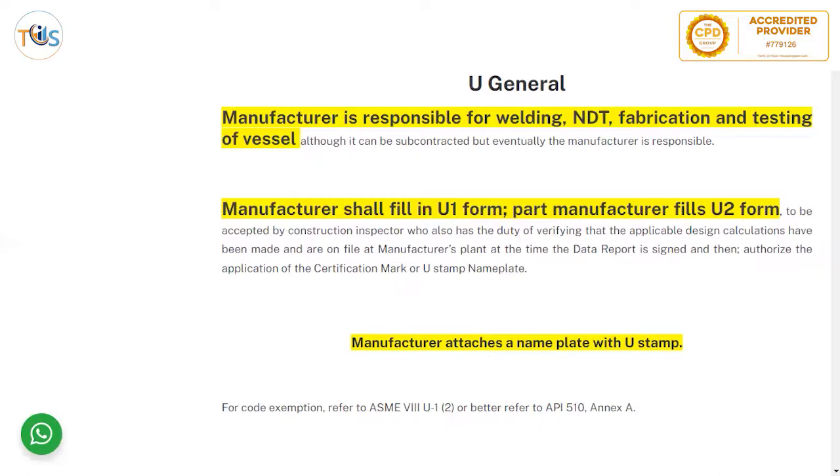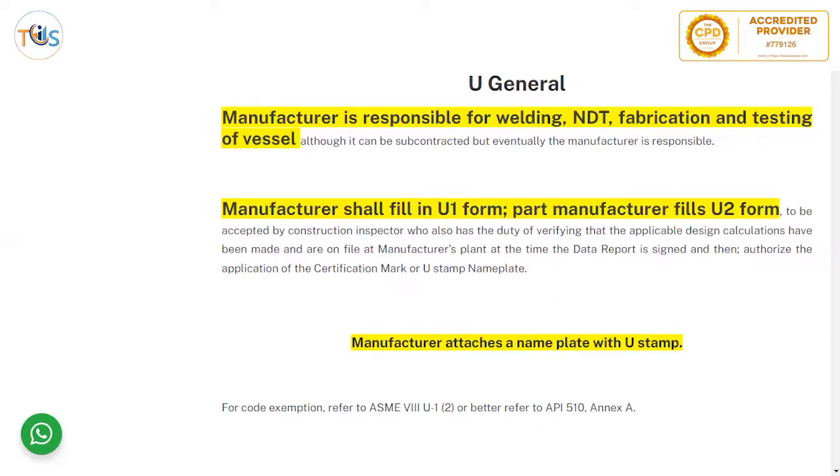also has the duty of verifying that the applicable design calculation has been made and is on file at the manufacturer's plant at the time of the data report, when it is signed by the authorized inspector.